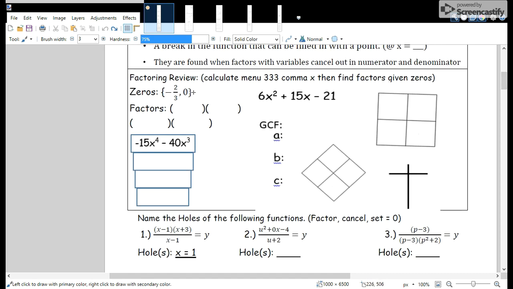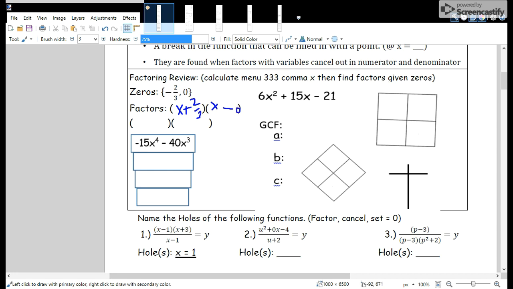And here's a factoring review. Remember, on the TI-Nspire, you can press Calculate, menu 3 3 3, x. Then find the factors given the zeros. So if we have the zeros negative 2/3 and 0, we have x plus 2/3 and x minus 0.